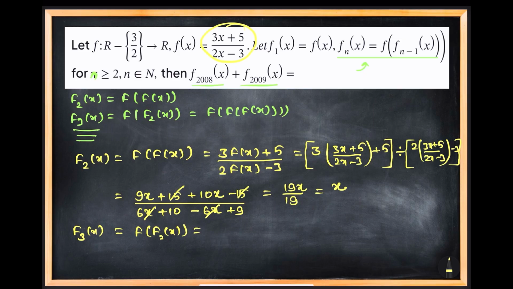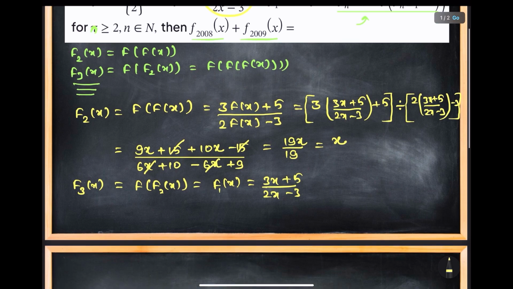Now can I replace this x by f of x? So this thing will become f of x, which means f1(x), which means 3x plus 5 upon 2x minus 3.